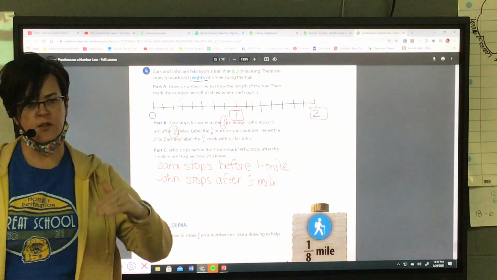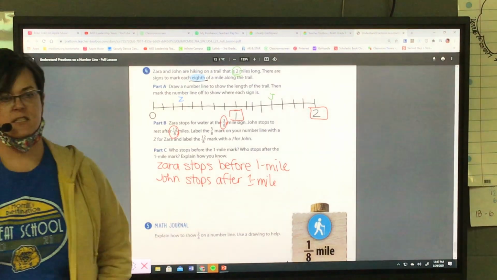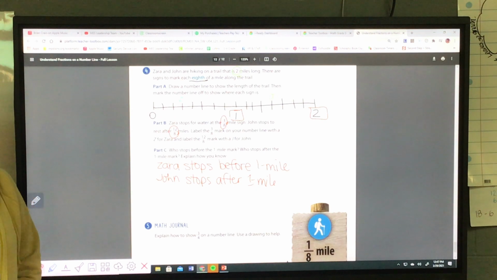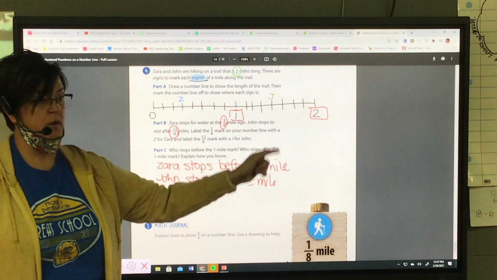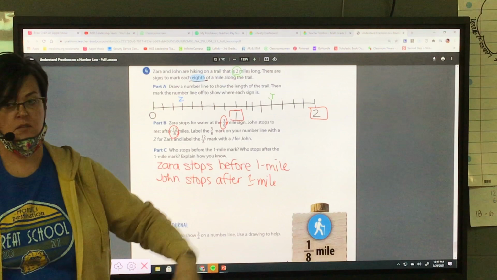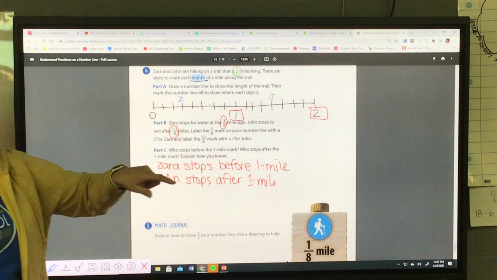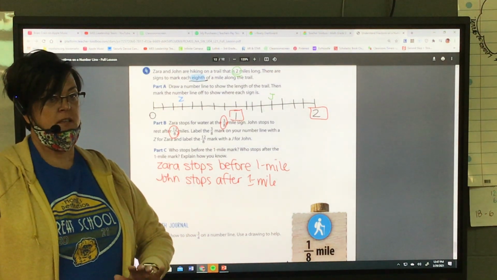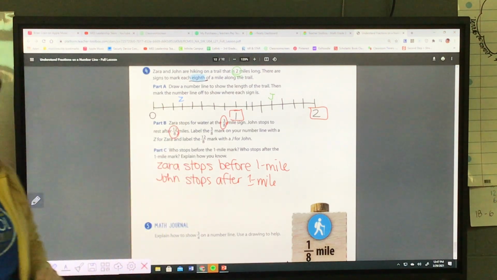Is our numerator smaller than our denominator? Is 12 smaller than 8? No, it's more than 8, isn't it? So that means that that's more than that 1 mile. That's more than 1 whole. When this number on top, your numerator, is bigger than your denominator on the bottom, it means that there's definitely at least 1 whole in there.